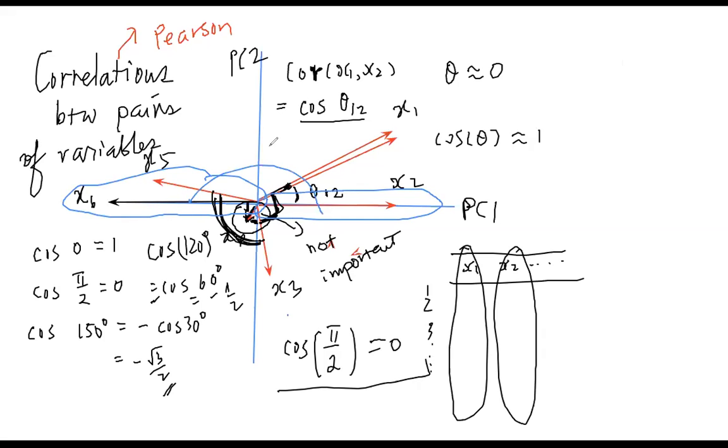So this angle here is 180 degrees, that's pi. So cos pi is equal to -1, okay? Which means your variables x2 and x6 are negatively correlated. So one is going up, the other is going down. Negative correlation in the other direction, okay?